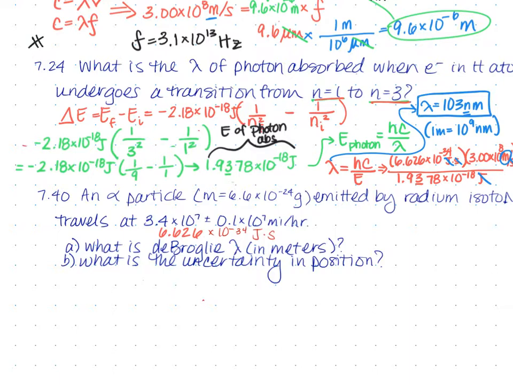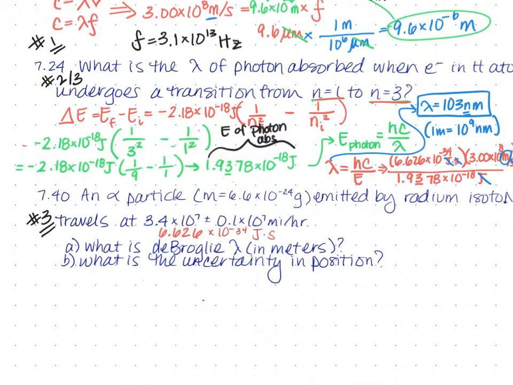It's a very simple problem. Number 24, I would probably give a 2 or 3. And this upcoming problem number 40, I would give a difficulty rating of a 3.